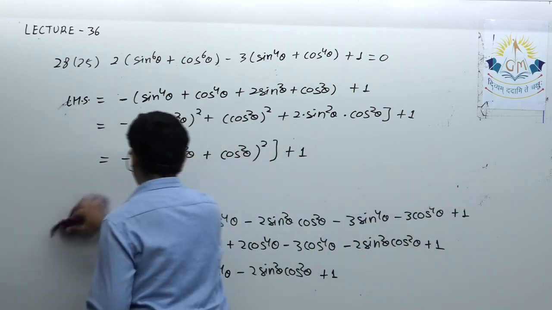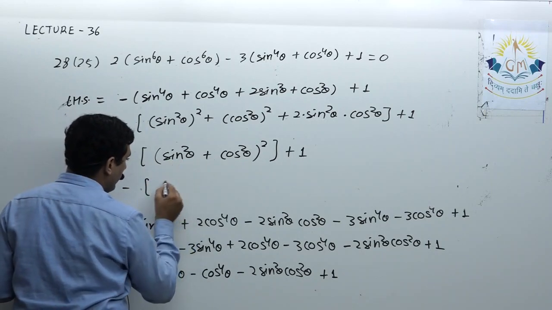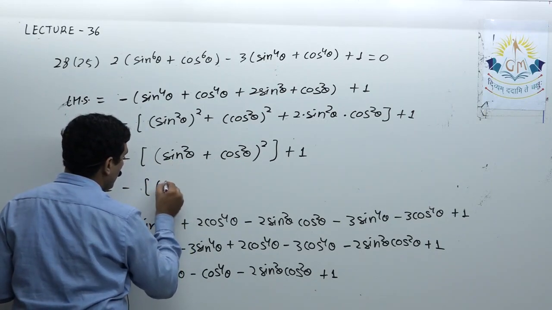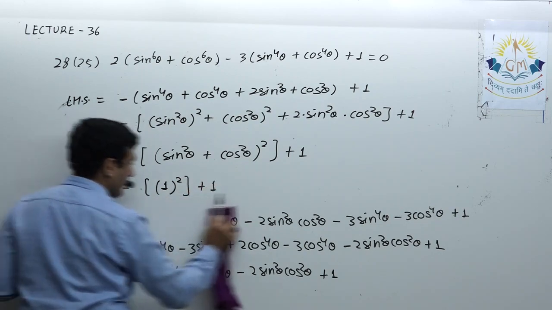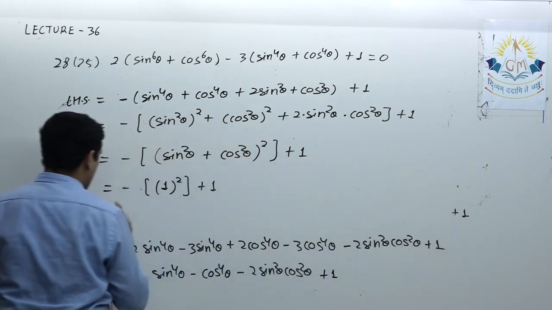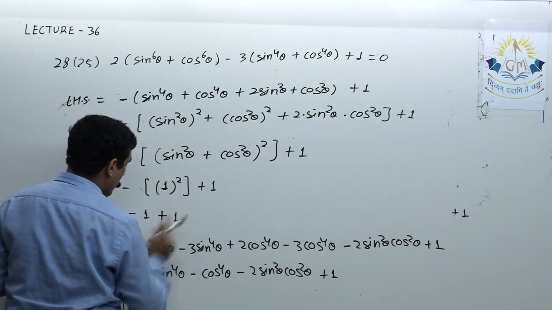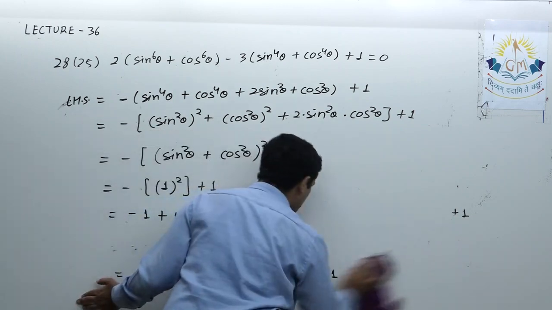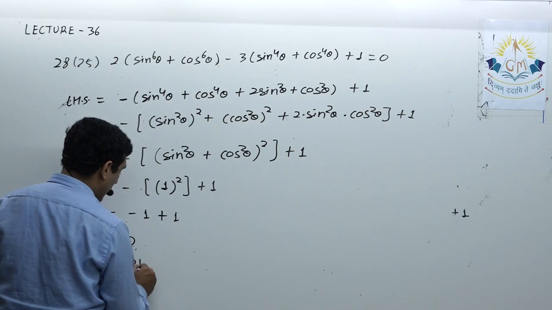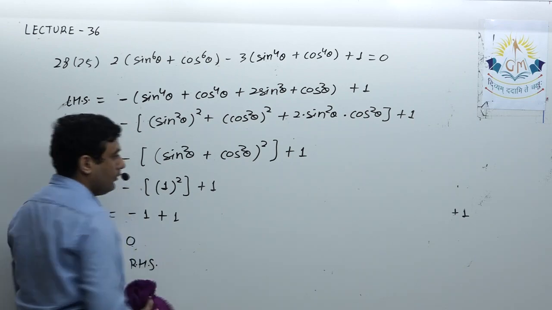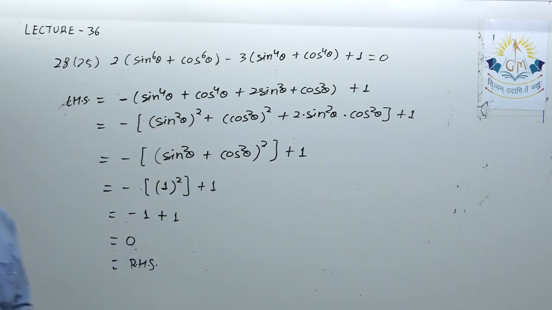If I solve it further, again you can see this sin square theta plus cos square theta is 1, so here I have 1 square plus 1, and hence the sum will be 0 equal to RHS. So please note it down, then we'll see the next question.